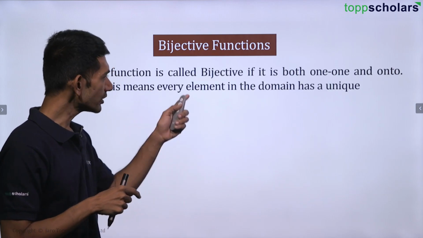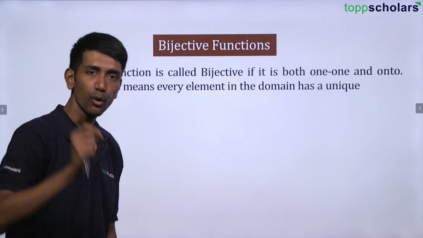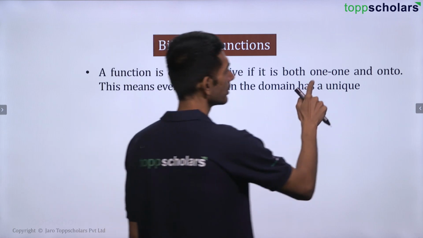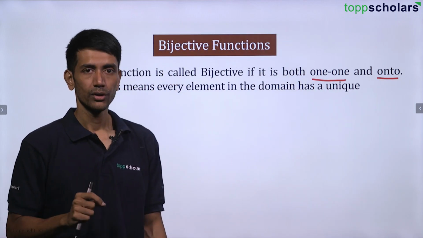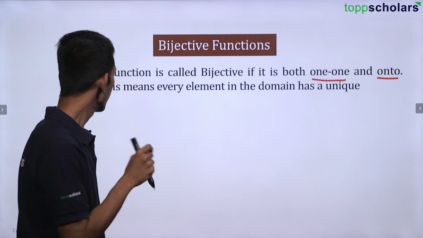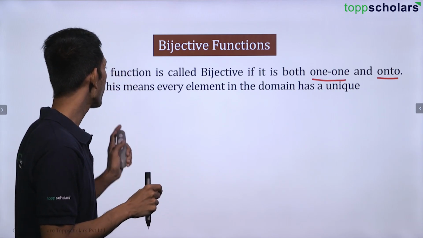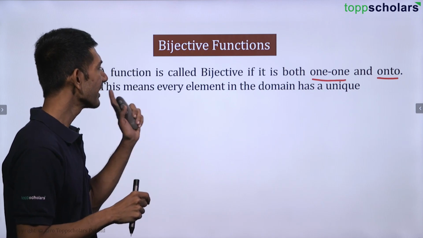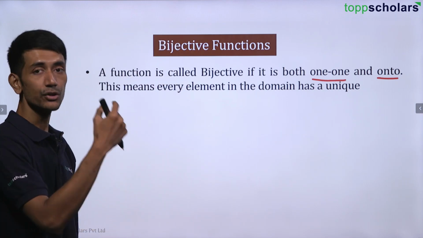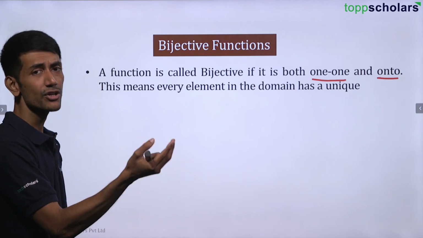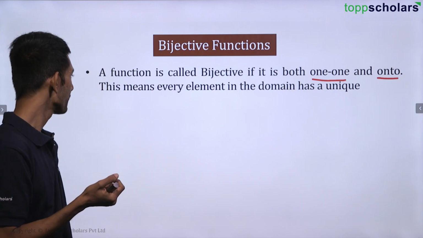So a function is called bijective if it is both one-one and onto. If a function is one-one also and it is onto also, we call it a bijective function. This means every element in the domain has a unique image in the codomain, right?